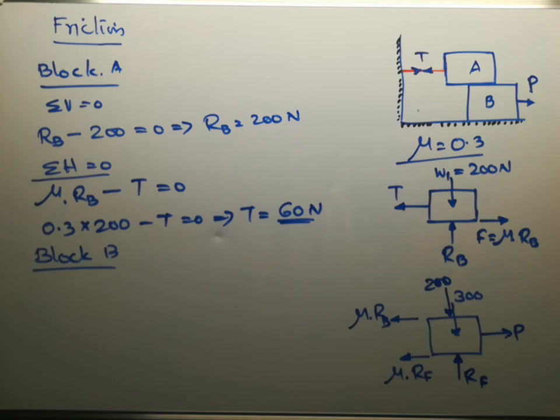Sigma Fv equal to 0 is equally applicable on block B also. That is, sigma V equal to 0.